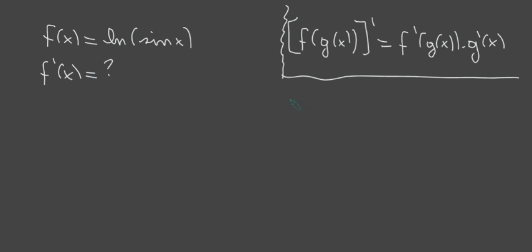First, what is the outermost function in this case? In this case, the outermost function is ln. So you have ln of something. That is the outermost function. Here you have some function that is not x inside it. Okay?